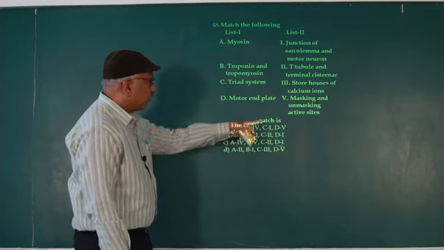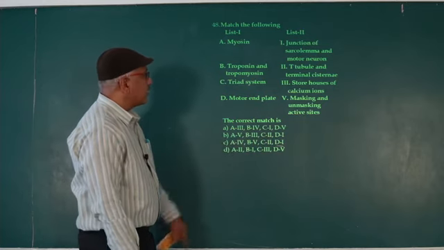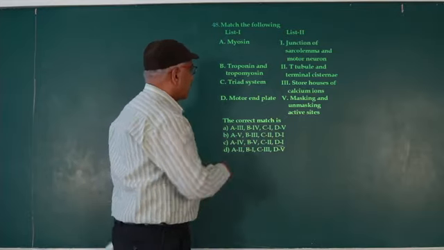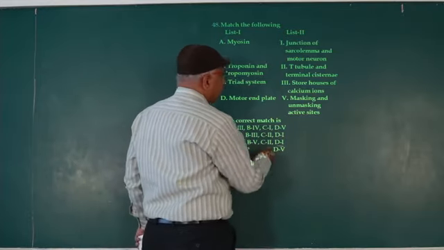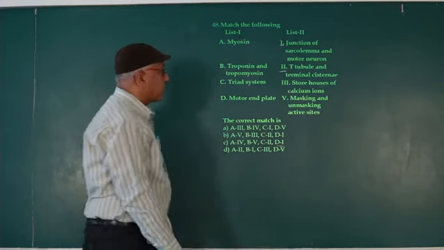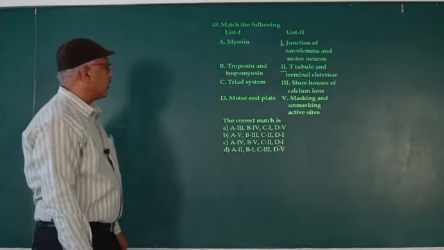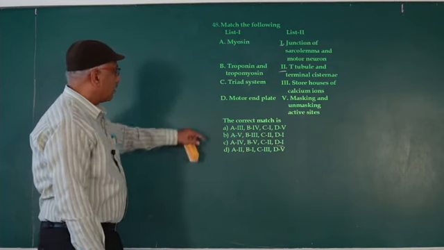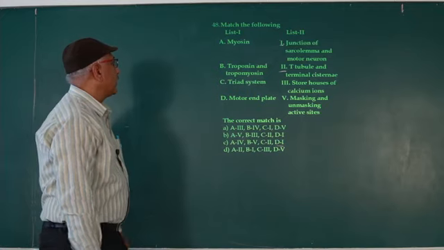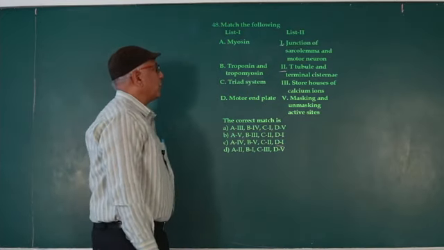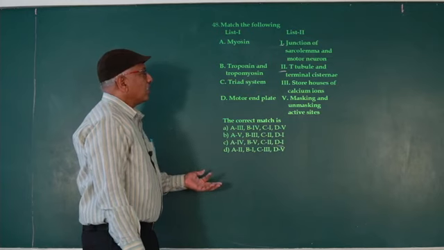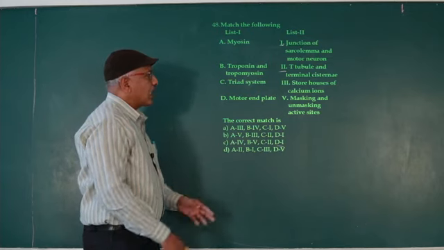The fifth one is missing here. A, myosin. The remaining is the storehouse of calcium ions. Troponin and tropomyosin, actually in the given options... What is the storehouse of calcium ions?